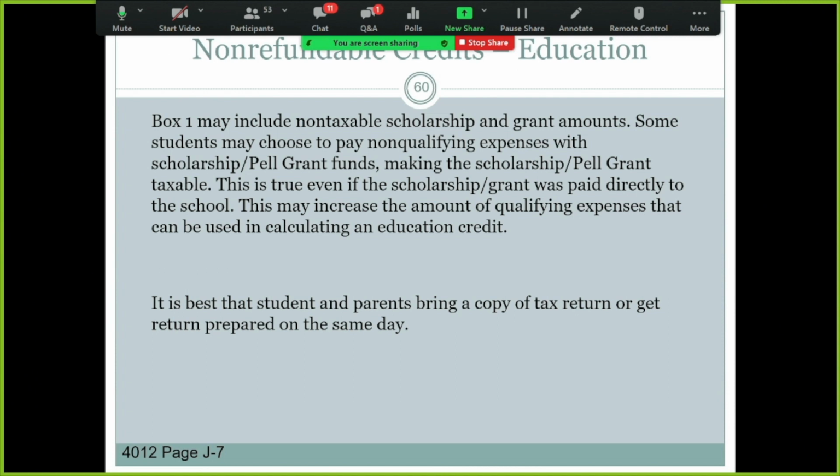This is even true if the scholarship or grant was paid directly to the school. This may increase the amount of qualifying expense that can be used in calculating an education credit. It is best that students and parents bring in a copy of the tax return or get the return prepared on the same day. It just makes the return more accurate.